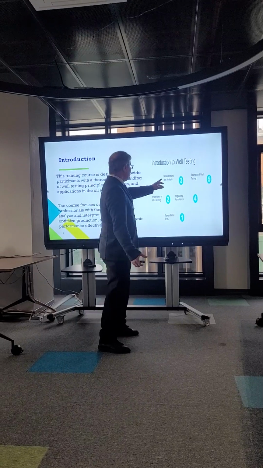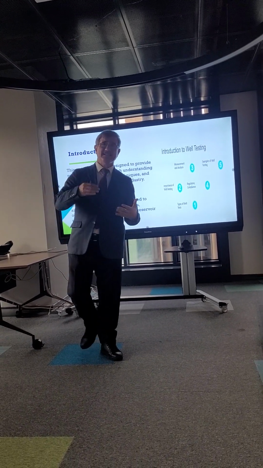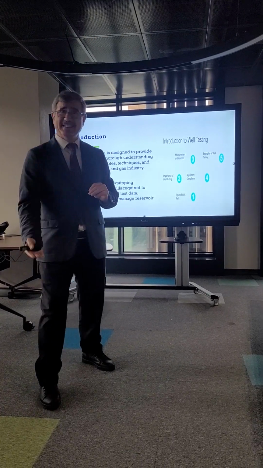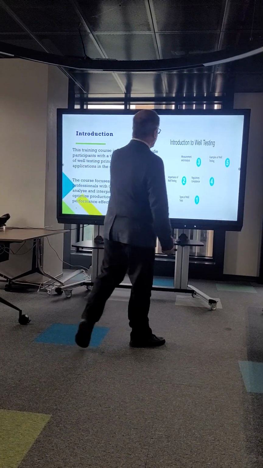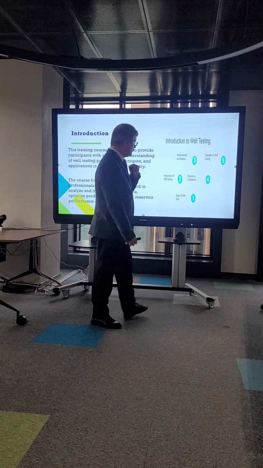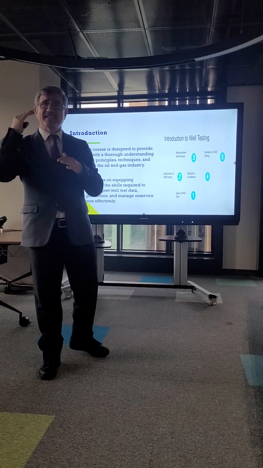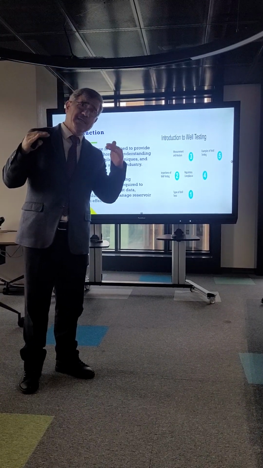Number 3, measurement and analysis. We have to measure the flow for oil, water, gas, all of these, and then we have to analyze these data. How can we take benefit of it? Number 4, regulatory compliance. What do we mean by regulatory compliance? That we have standards, we have international standards, and we have local laws.